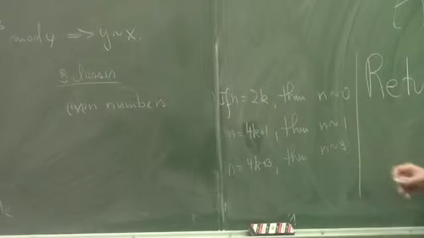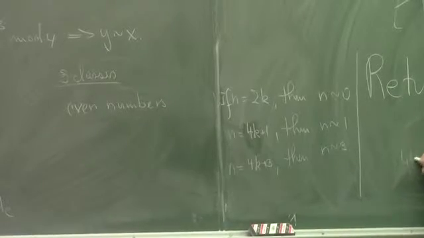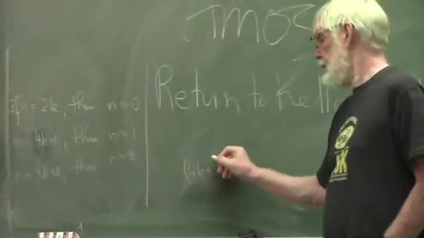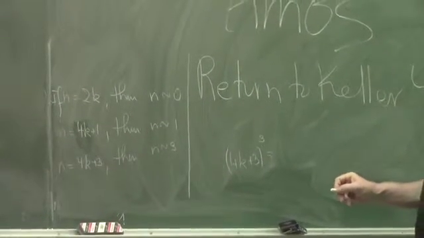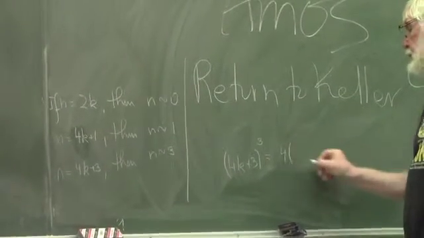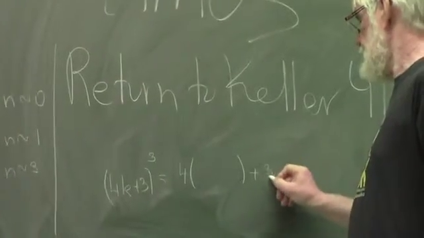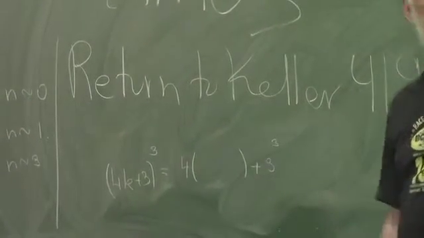And you understand the calculation, right? If you take 4k plus 3 cubed, this is going to be something times 4 plus 3 cubed.